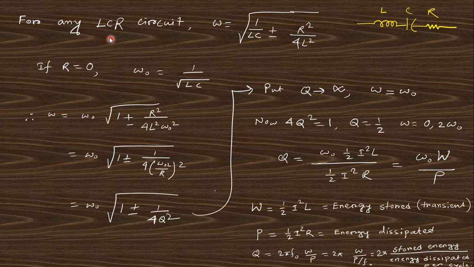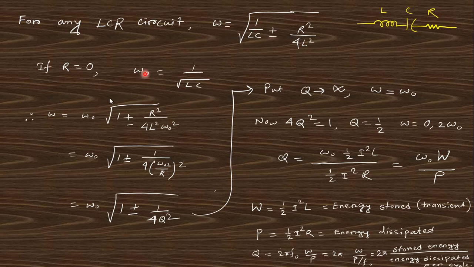For any LCR circuit, in electrical terms, there is an inductor, capacitor and resistor in series. The frequency will be 1 by LC plus minus R square by 4L square, right? And if R equals 0, then omega 0 equals 1 by root over LC, that is the resonant frequency.